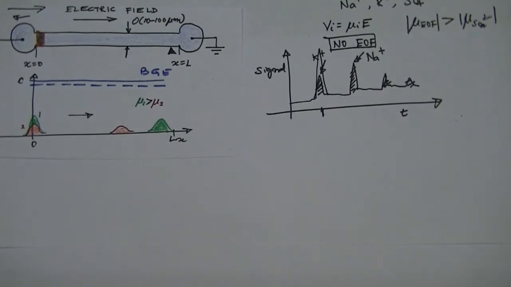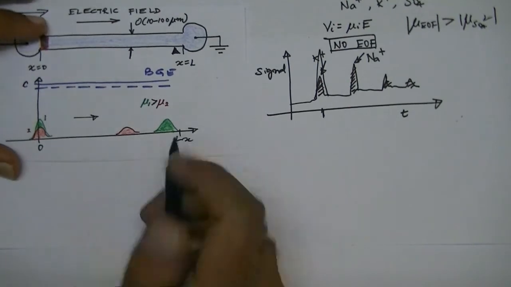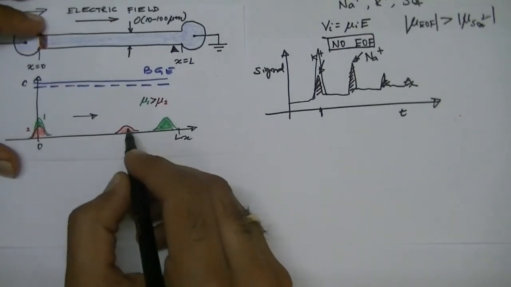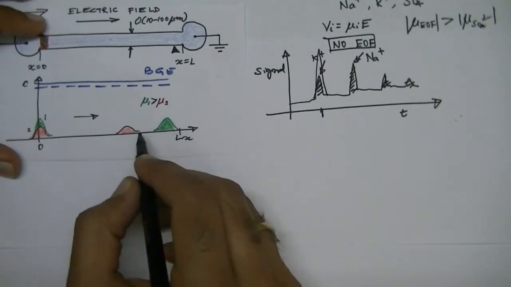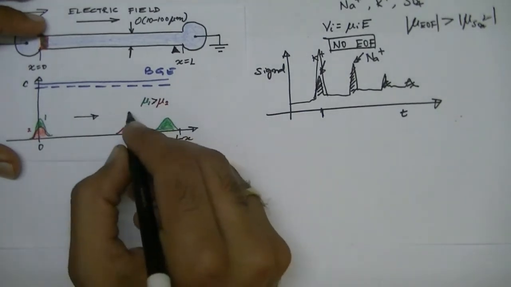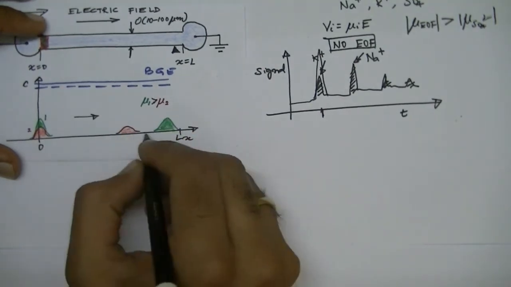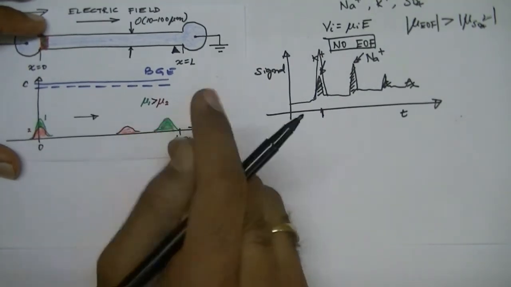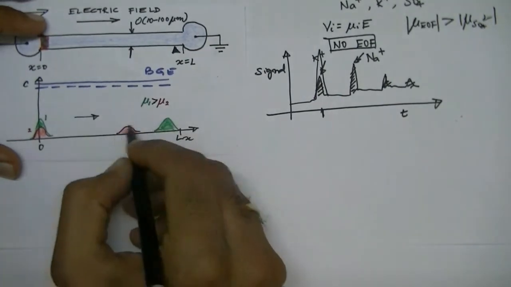One thing that we can see from this figure is that these two peaks can be clearly identified if the distance between these two peaks is larger than the peak width. So there is a competition between the relative migration velocities and the diffusion.